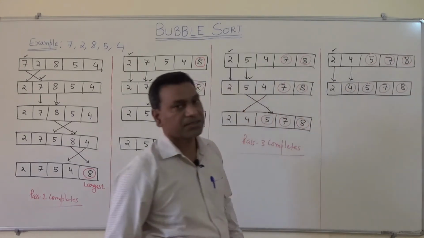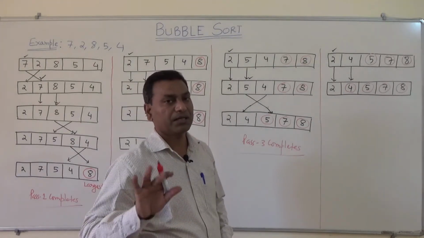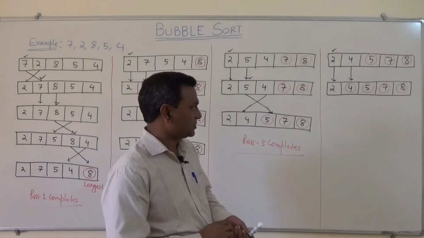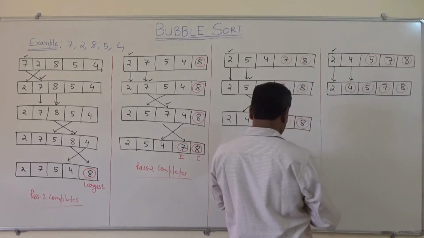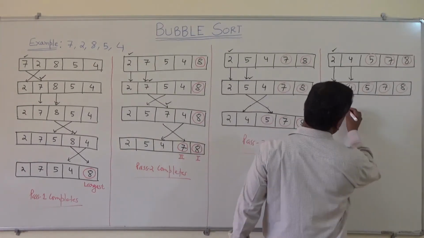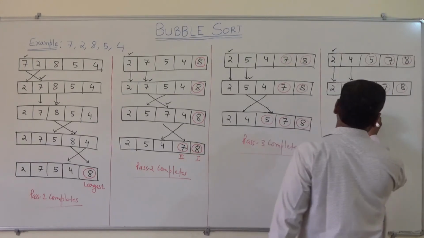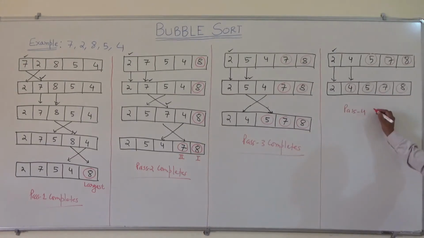In this way we can say 4 elements are in their final positions. So pass 4 completes here. Because it is containing 5 elements, there will be 4 passes.